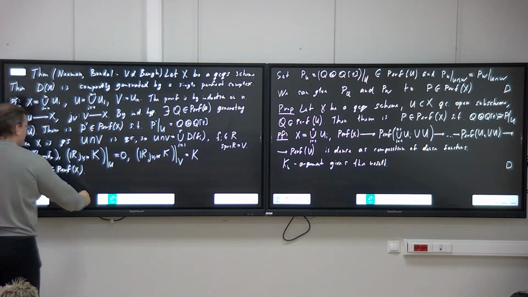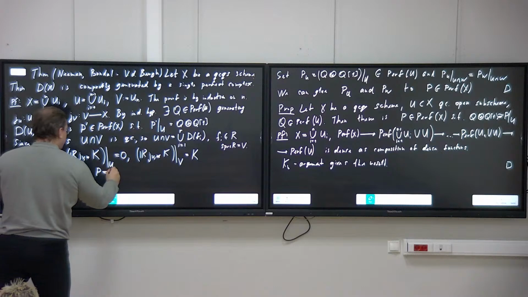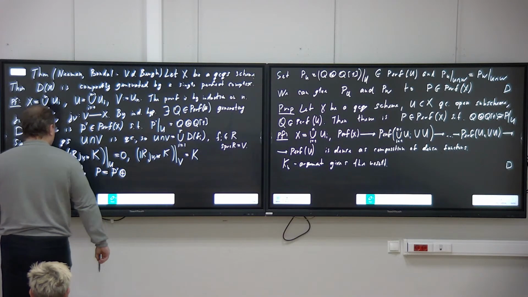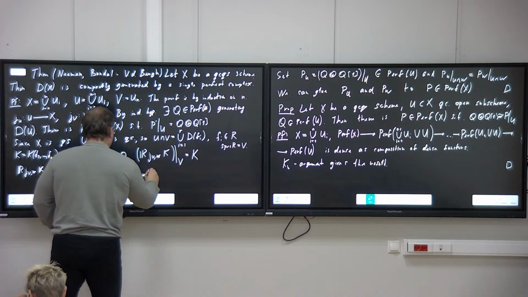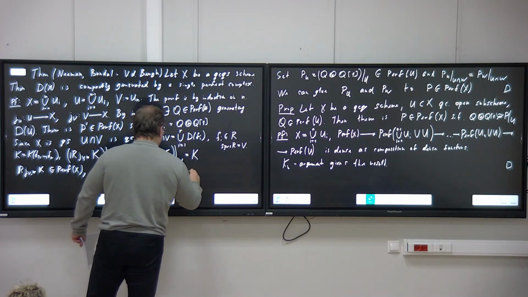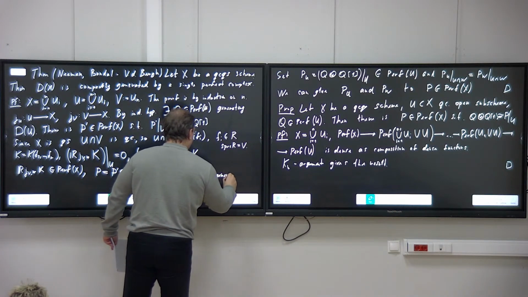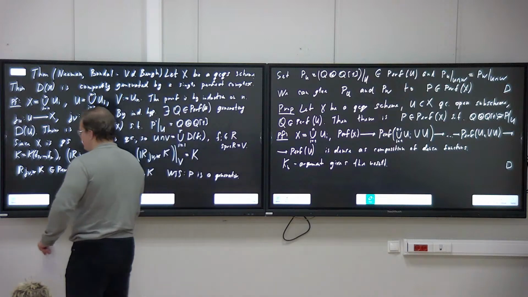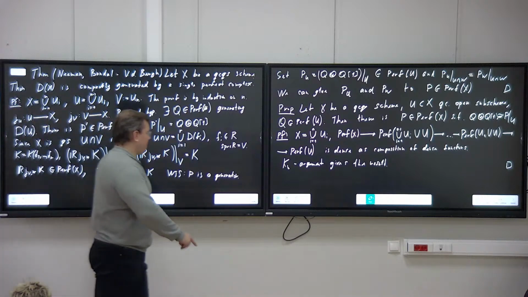So I want to show that the generator is this object P. So P, this is by definition P prime plus the push forward along JV of the Koszul complex. So I claim that P is a generator. This is perfect, of course, as the P prime by construction is perfect, the push forward of the Koszul complex is perfect, so the sum is perfect. We only need to show this generates everything.